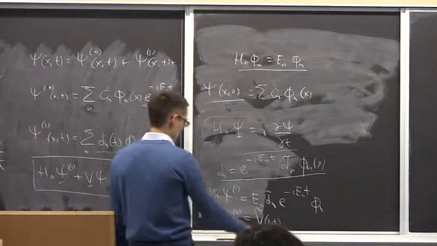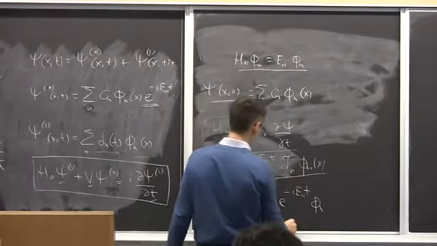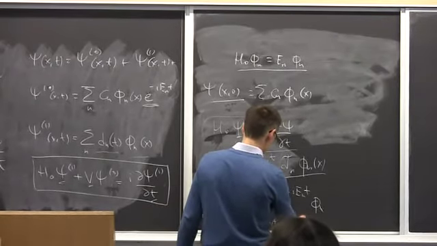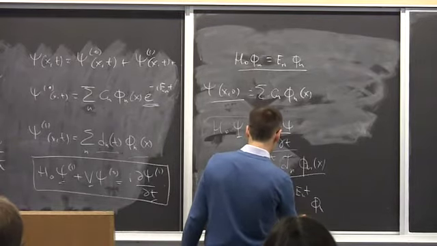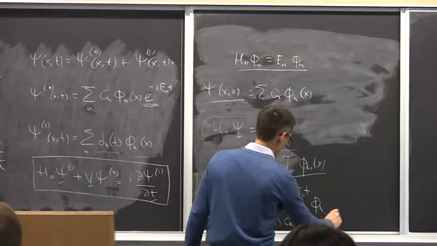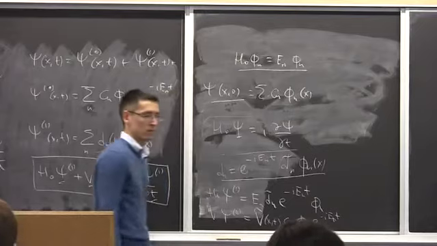V of x,t acting on psi 0 is this with the coefficients c_n's, then the phi_n's, and then the exponent. So it's the potential term that gives us the trouble?